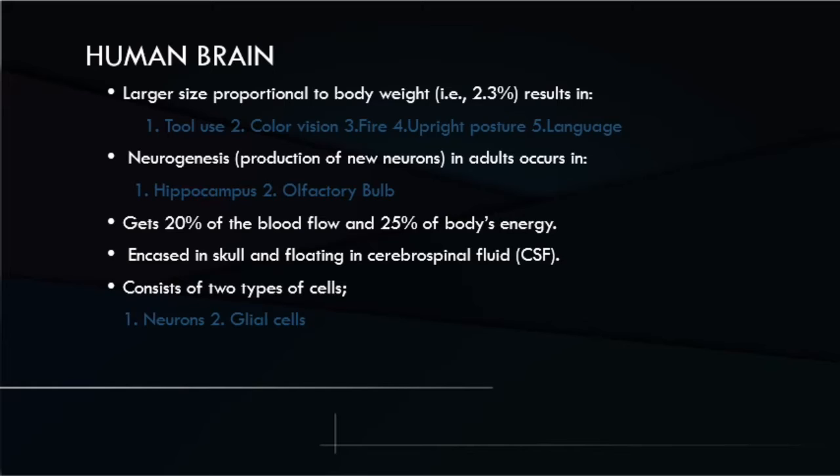The weight of our brain compared to our total weight is 2.3%. So 2.3% of our body weight is our brain, which is a larger brain compared to other species. It allows us to use tools, to have color vision, to stand upright, to have language, to be able to communicate through speaking. So that's what the advantages of having a big brain are.